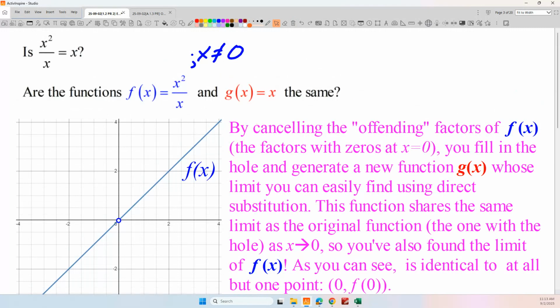if we are trying to do something, let me state what we're trying to do here, I guess. We're trying to take a limit, first of all. We're trying to take a limit of this function, x squared divided by x, as x approaches 0.